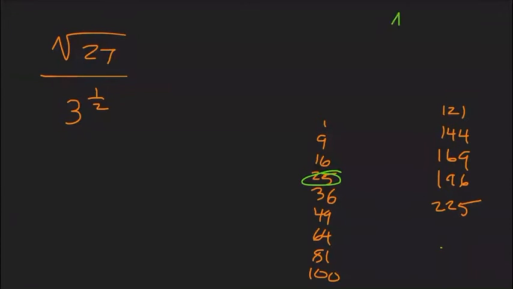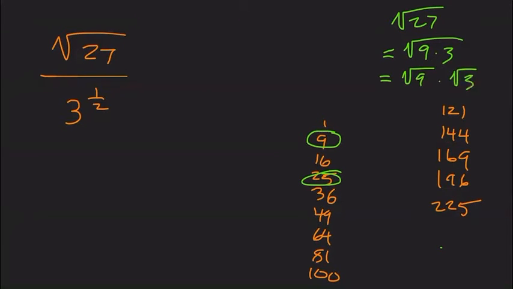We can just take it off to the side for the moment. 27 is not one of our perfect squares, but what number can go into 27? That's going to be 9. So we're going to rewrite this as square root of 9 times 3. Square root of 9 is 3. The square root of 3 we can't do anything with, so that just stays. And so we have 3 rad 3.